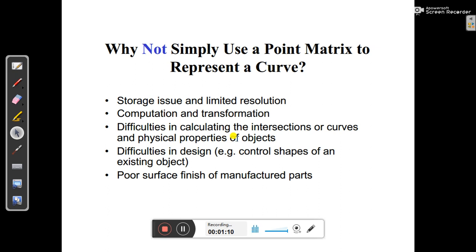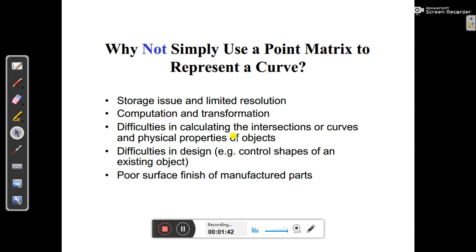Also it deals with lots of computations and transformations, and it is difficult to calculate intersections of curves and physical properties of objects. Sometimes it becomes more difficult in designing, for example when we want to control shapes of an existing object, and there might be poor surface finish of manufactured parts.